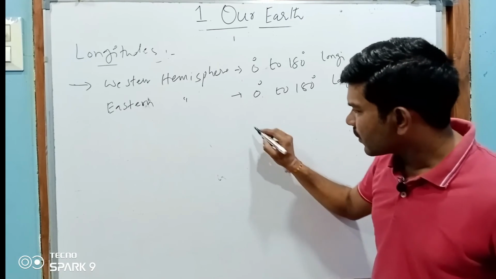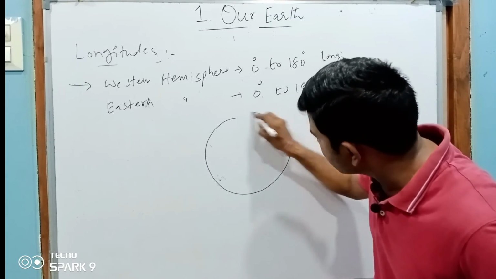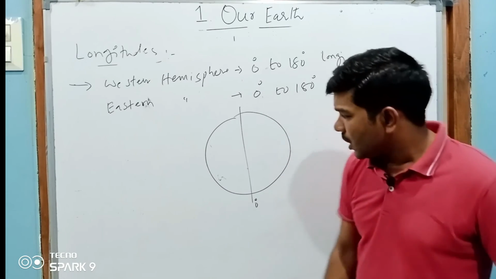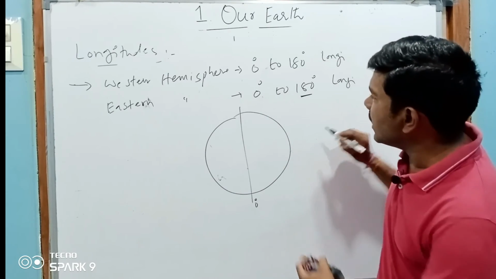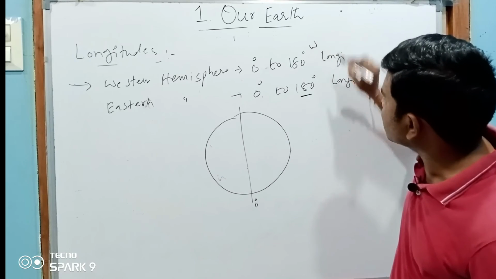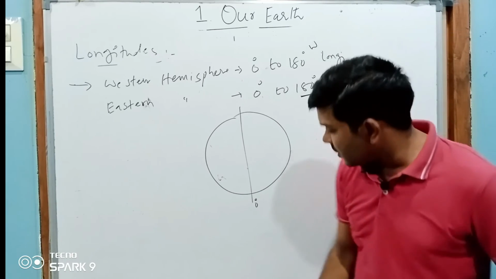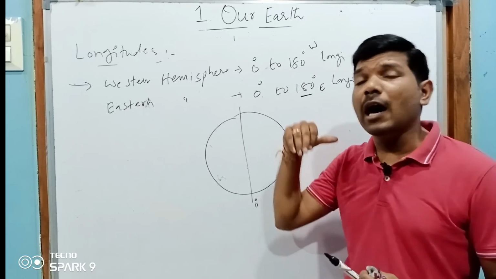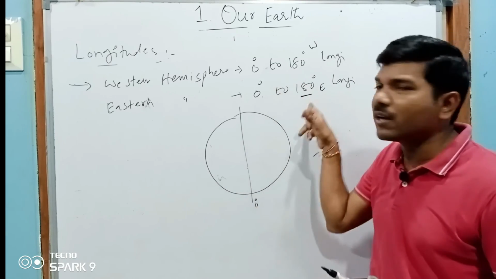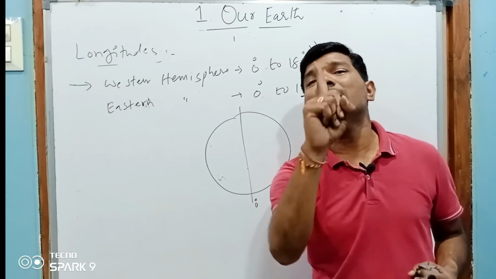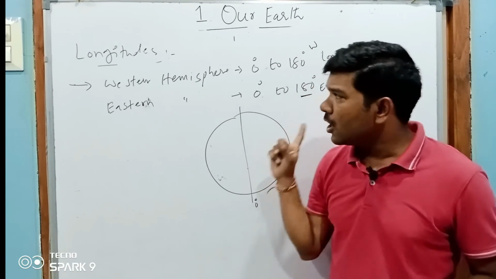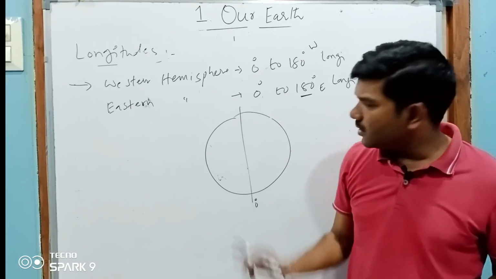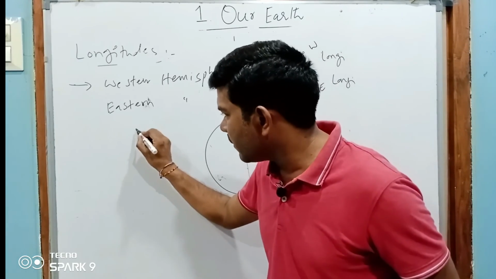For example, on this globe, this is 180 degree west and this is 180 degree east. The 0 degree longitude is completely opposite to 180 degree. ఇక్కడ 180 degree longitude ఒకటే ఉంది.